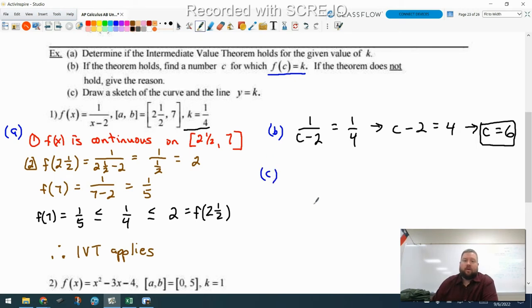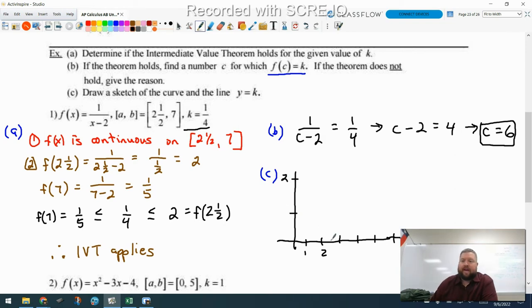All right, and then letter C is to draw a sketch. Okay, so we only need the first quadrant because both of our y values are positive and our x values are all positive. So I have 1, 2, 3, 4, 5, 6, 7. And then we go up to 2, so I'll do 1, 2 there.